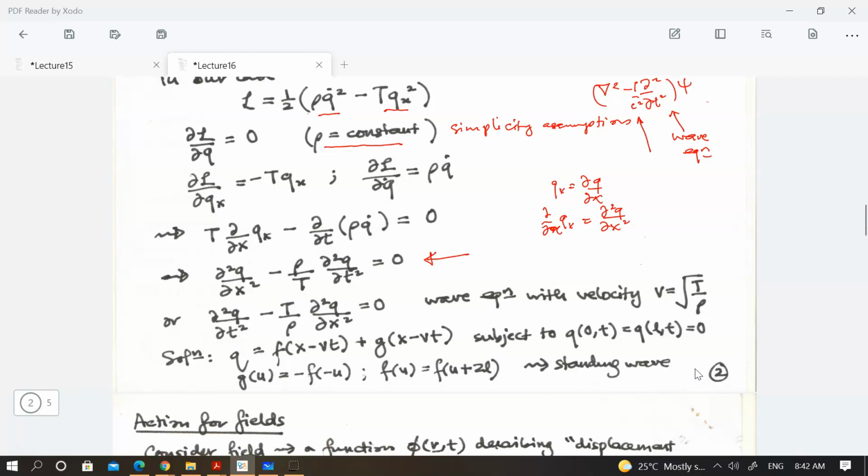If I convert that, I should be writing c squared del squared minus d dt squared. So whatever multiplies your partial derivative is essentially the velocity squared. By this analogy, the term that multiplies the second order derivative with respect to x will be your velocity squared. So in other words, the velocity is now given by the square root of t over rho.